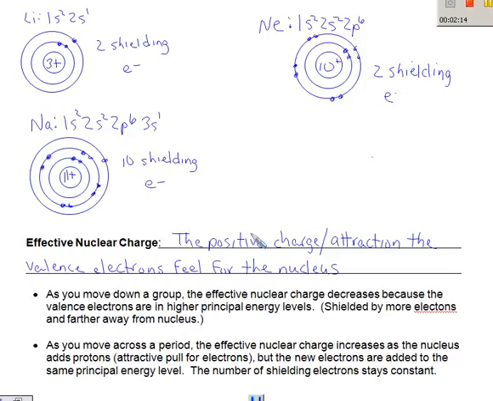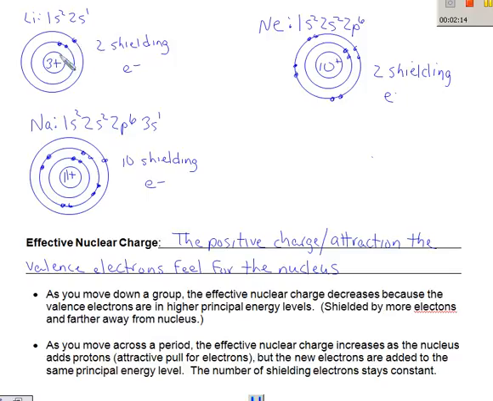Now let's take a look at what happens to the attraction that these valence electrons feel for the nucleus as we go down a group. As we go down a group, the effective nuclear charge decreases because the valence electrons are in a higher principal energy level. So here you see that this valence electron is in the second principal energy level.